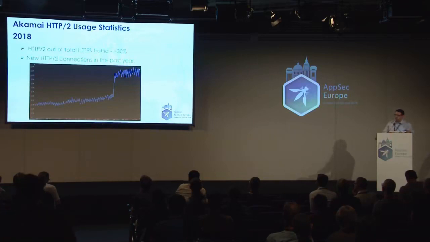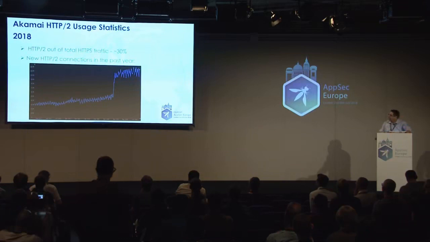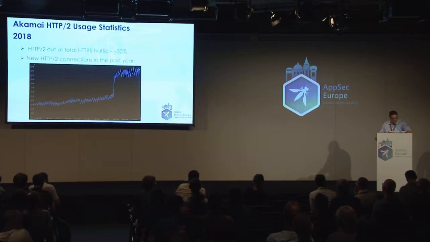Though the protocol can be transmitted both over clear text and over an encrypted channel, most of the implementations actually go over TLS. So it would also be interesting to observe the increase in the usage of HTTP2. If we look at how much HTTP2 Akamai serves out of the total HTTPS traffic, then the number jumps higher to 30%.